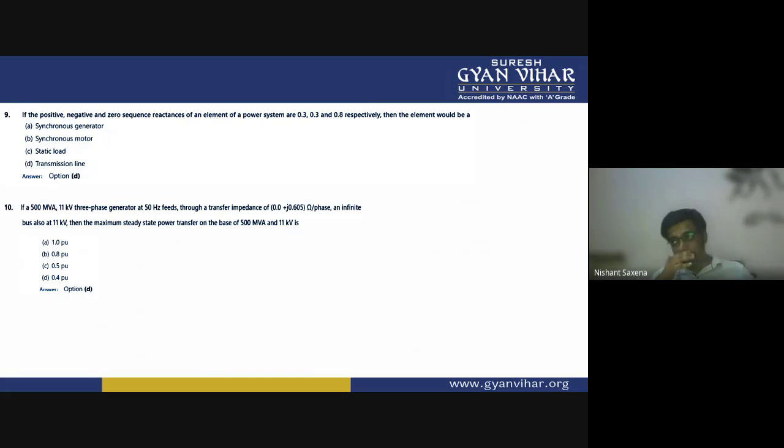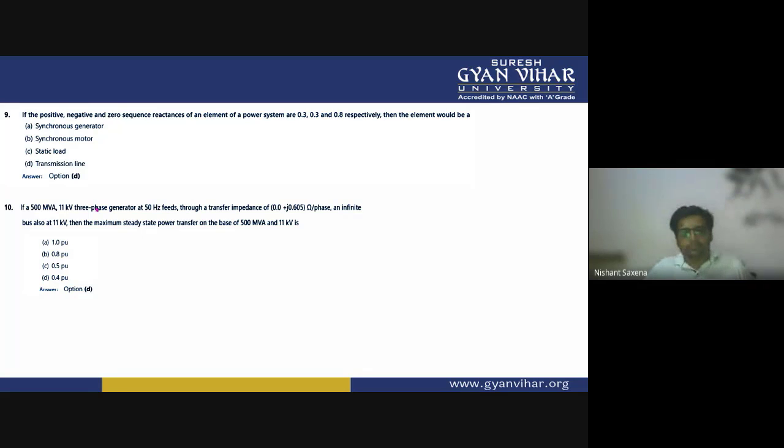Look at the values, 0.3 and 0.3 are the same. That means it is a transmission line, but Z0 is different, that is 0.8. And we know that the positive and negative sequence impedances for the transmission line are Zs minus Zm, and for the zero sequence component it is Zs plus 2Zm.